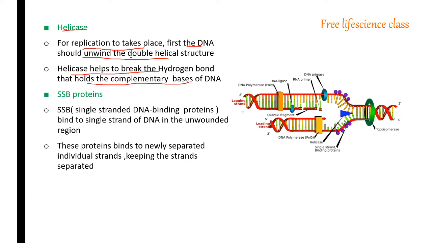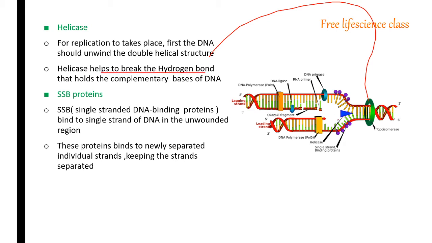So after unwinding of the double helical structure by topoisomerase, our helicase enzyme breaks the hydrogen bonds between them. You can see in the picture, helicase is breaking the hydrogen bonds between the bases, between the complementary bases.